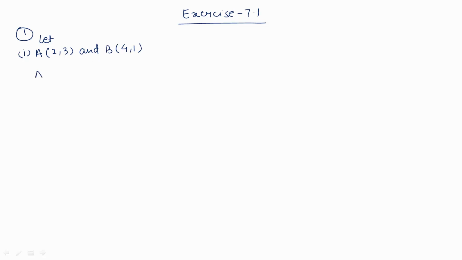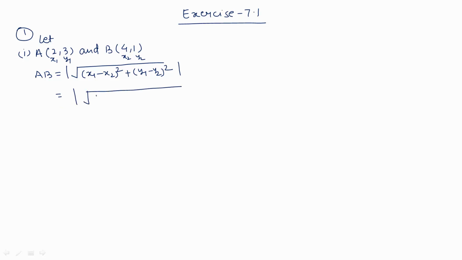We have to find the distance AB, which is equal to mod under root. The formula is (x1 minus x2) whole square plus (y1 minus y2) whole square. This is the first point, x1 y1, and this is the second point, x2 y2. Put all the values.